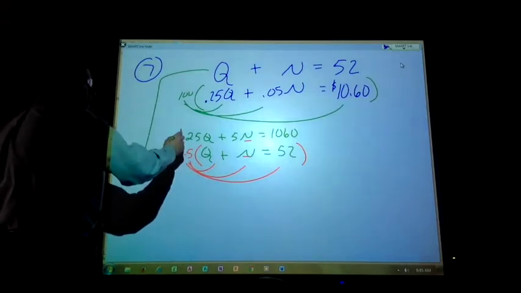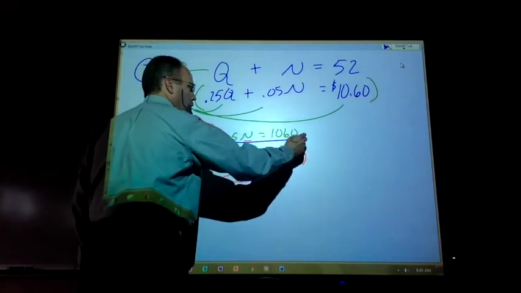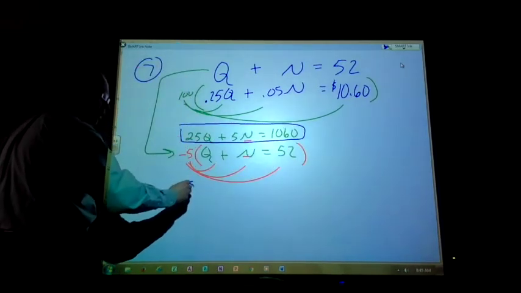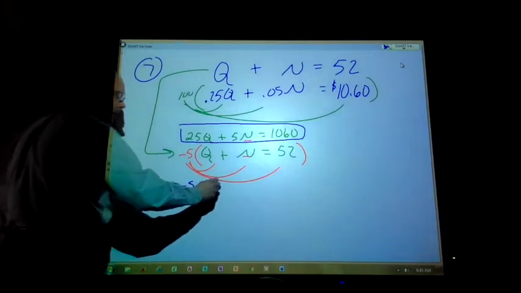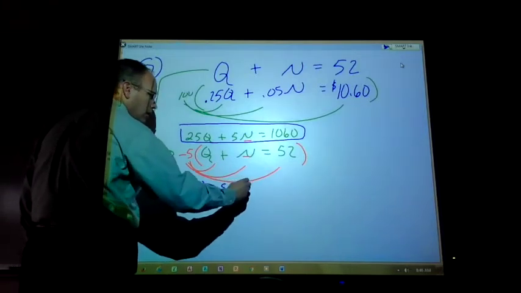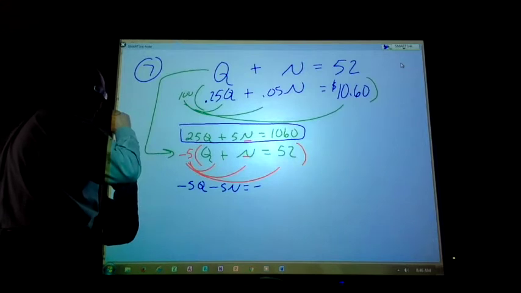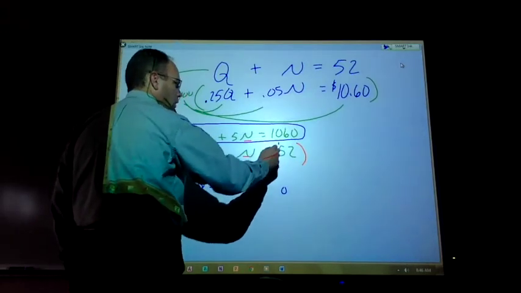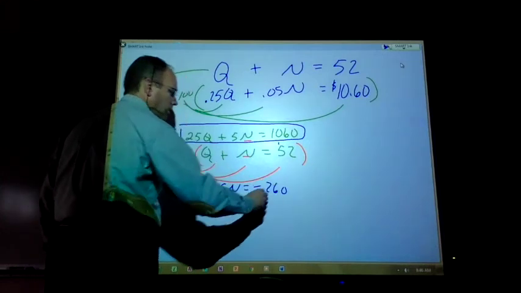Does this top equation change at all right now? No. But this bottom equation becomes negative 5Q minus 5N equals negative 260.